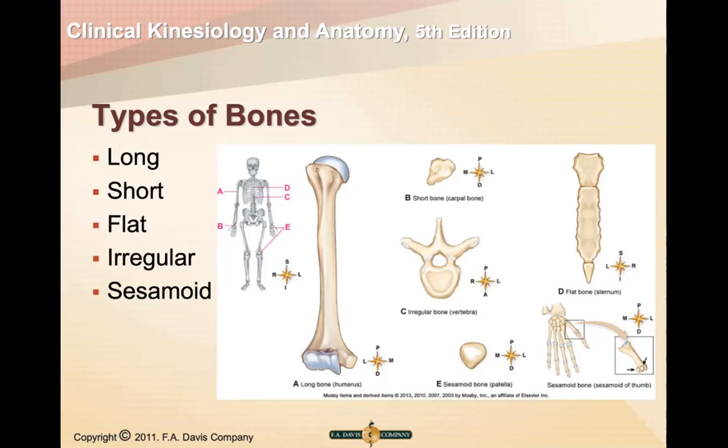And then sesamoid bones. Okay. So we only have a couple of sesamoid bones, in our patella. The word sesamoid translates to sesame or sesame seed. So it sounds like a sesame seed. Well, a sesamoid bone is a tiny, tiny, tiny bone. Your patella is one example.